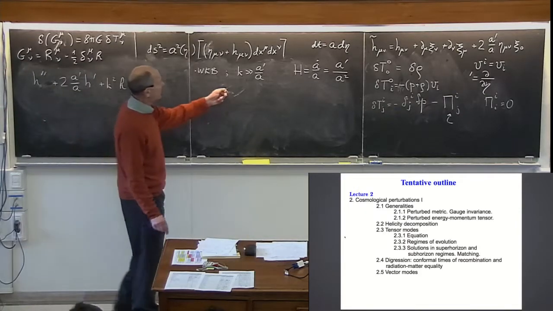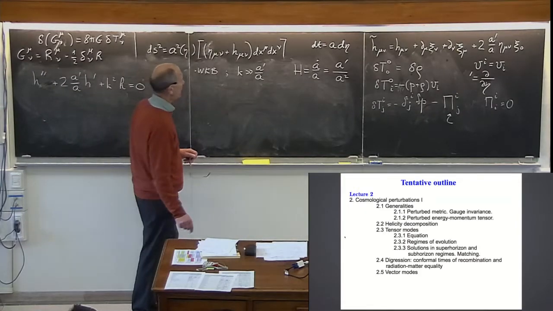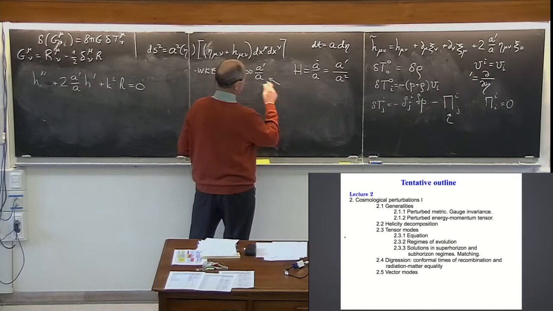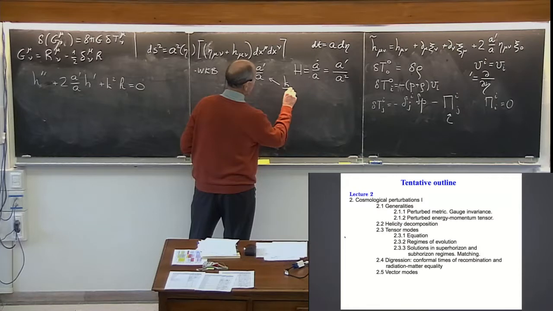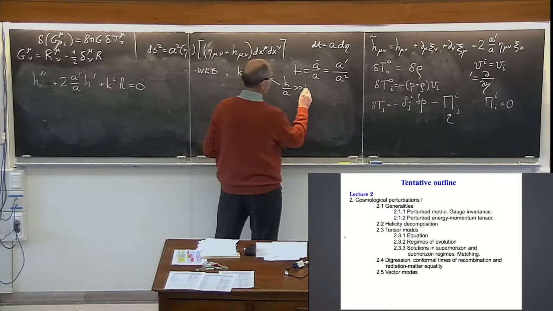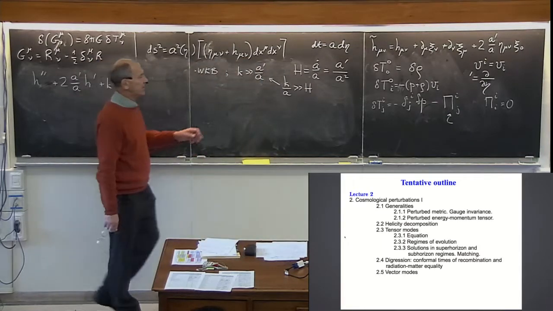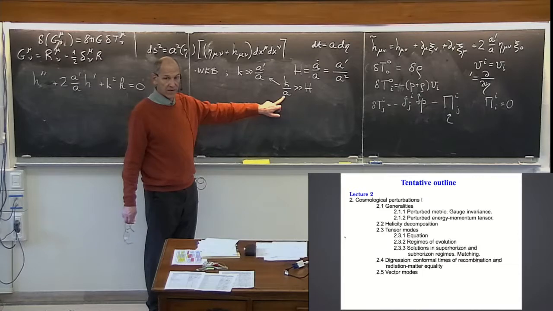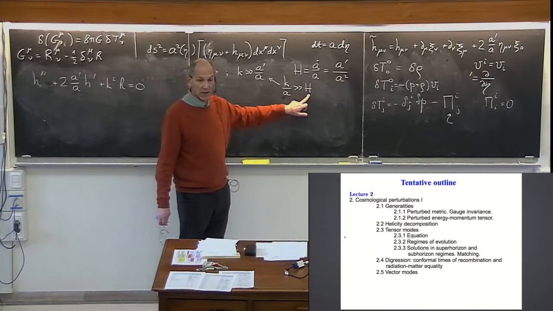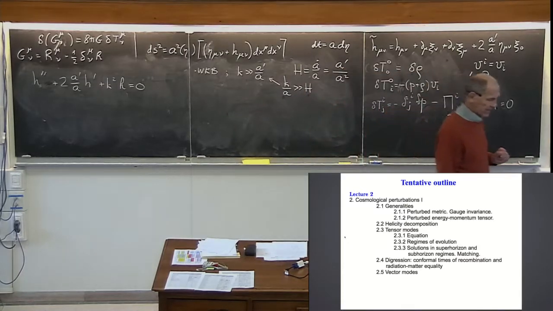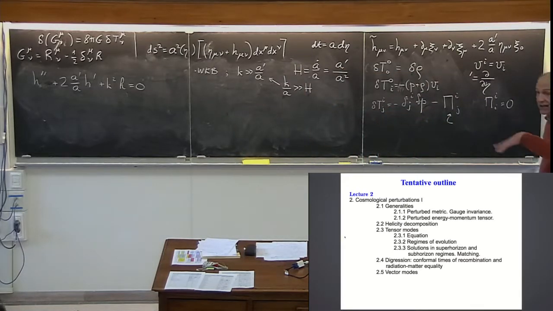So if I divide this relation by a, then I get a pretty physical inequality. k over a should be much greater, for the WKB regime, than H. This is the physical momentum, and this is the Hubble parameter. So if my physical momentum is greater than the Hubble parameter, then my oscillator does oscillate.